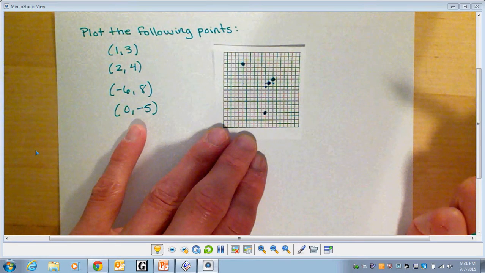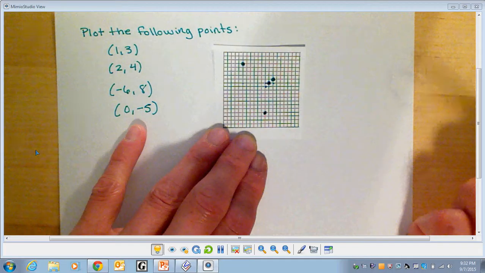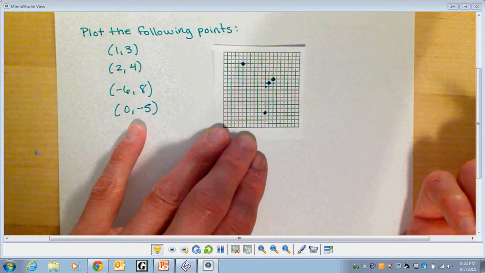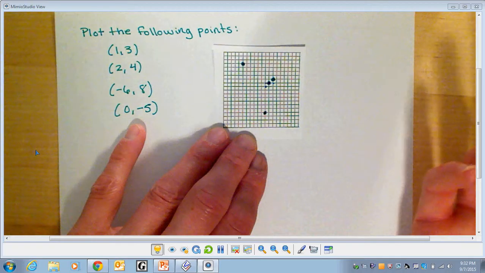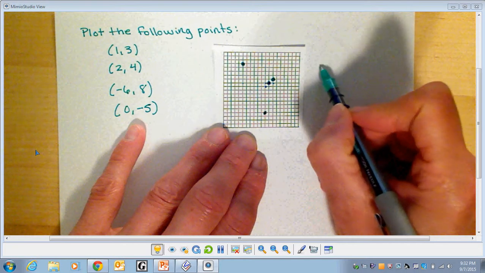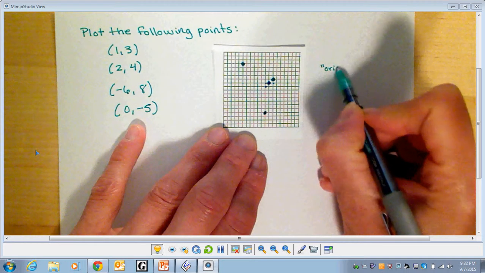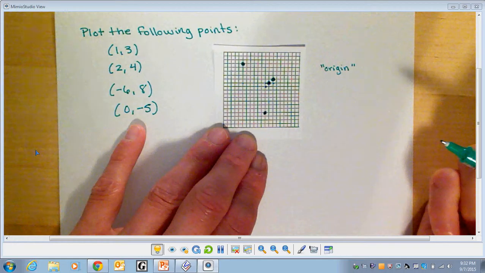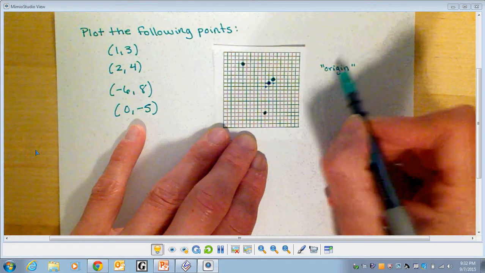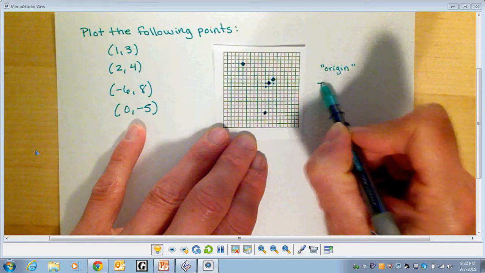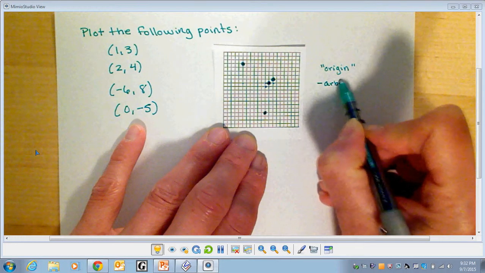Well, the reason we don't do math like this is because we found a way to show us where the center is. We call it the origin. I put that in quotes because this is just an arbitrary place in space.